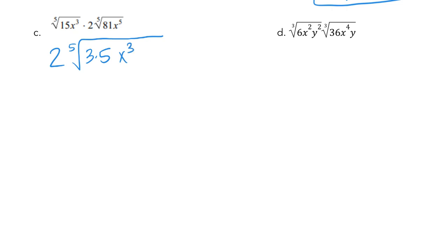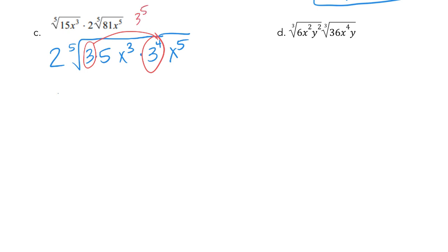And then x cubed, none of those things are perfect fifths. And 81 isn't a perfect fifth either, but it is written as a fourth. It's 3 to the 4th. And x to the 5th is a perfect fifth. So what's great about this is that this 3 and these 4 3's make a perfect fifth.